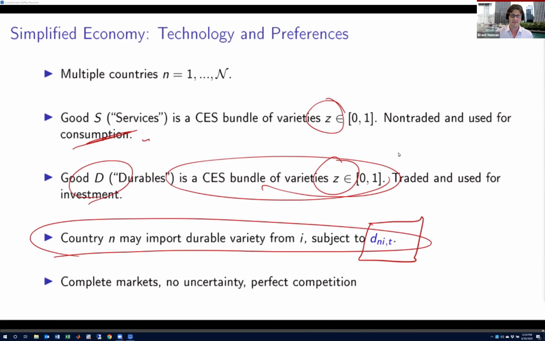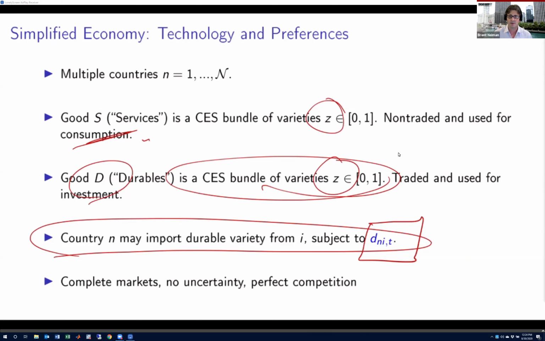What that means is if that value was 1.1, let's say, it means that country i would have to ship 1.1 units of the good to country n in order for country n to consume one of the units. Like 10% of that good disappears as it's floating from i to n. That's the sense of the iceberg trade costs, okay?